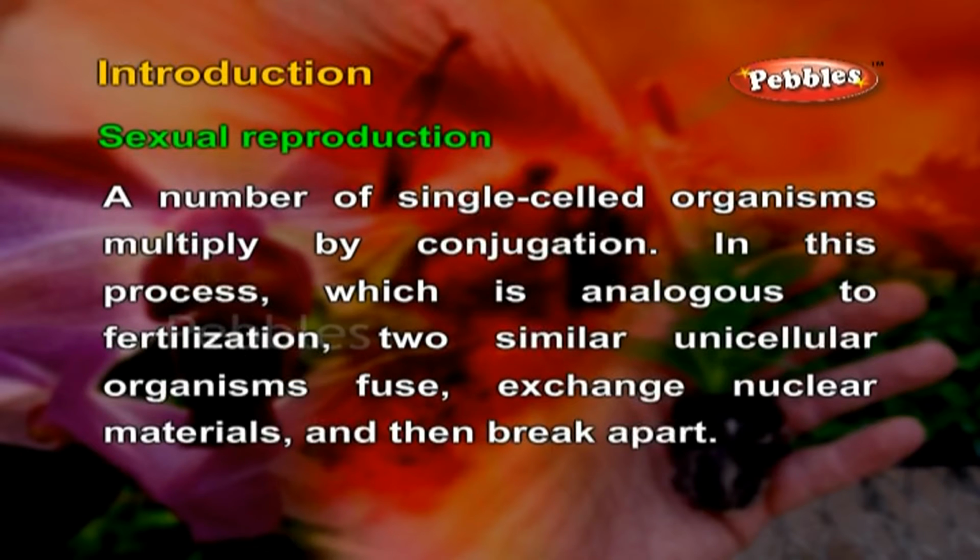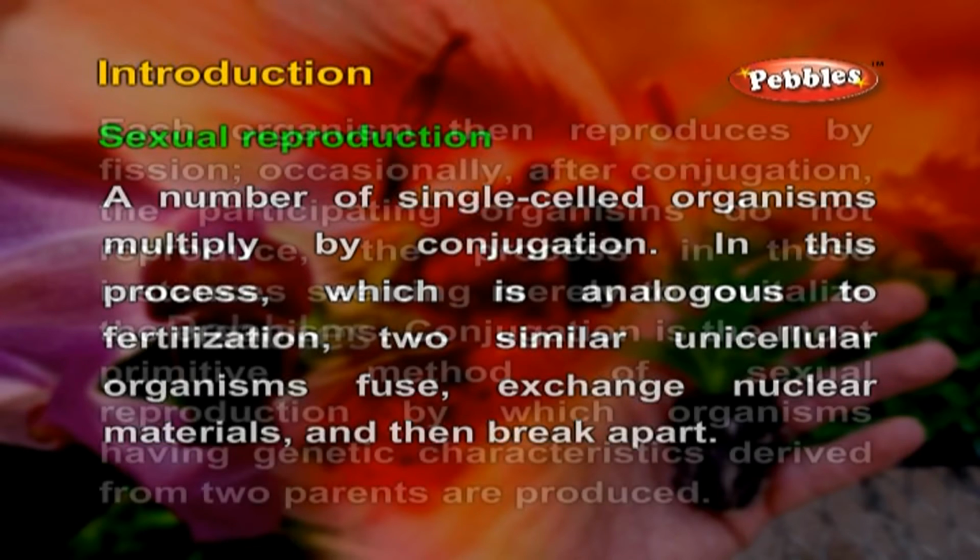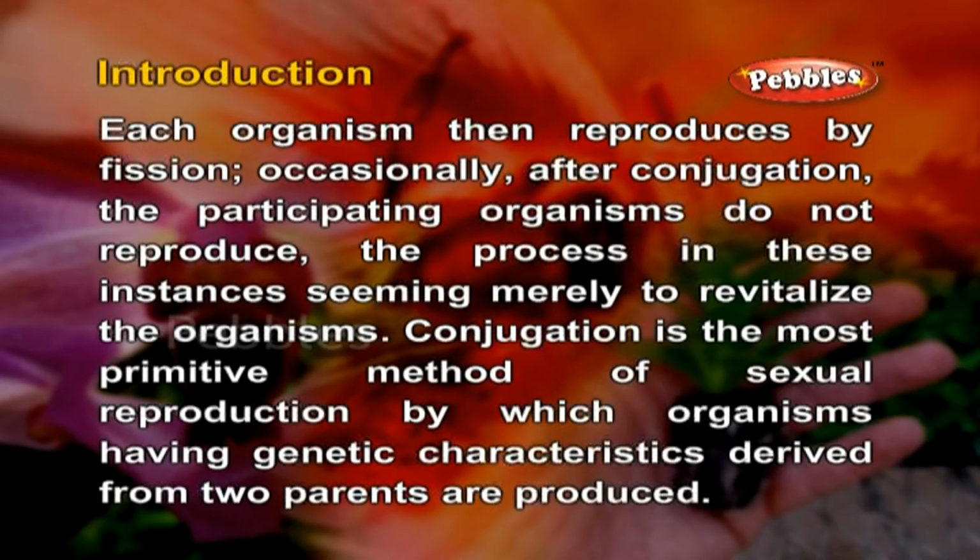Sexual reproduction. A number of single-celled organisms multiply by conjugation. In this process, which is analogous to fertilization, two similar unicellular organisms fuse, exchange nuclear materials, and then break apart. Each organism then reproduces by fission.